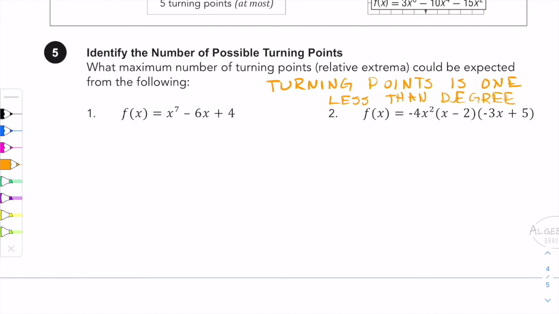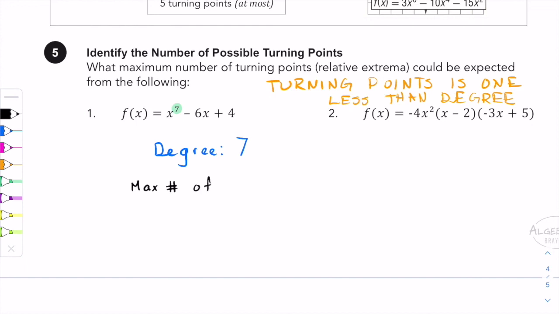Okay, for the last example set, we are identifying the possible number of turning points. And I just made this note that says turning points is 1 less than the degree. Number 1 is x to the 7th minus 6x plus 4. The degree is clearly 7. So the maximum number of turning points, because remember it can be anything less, is 6.